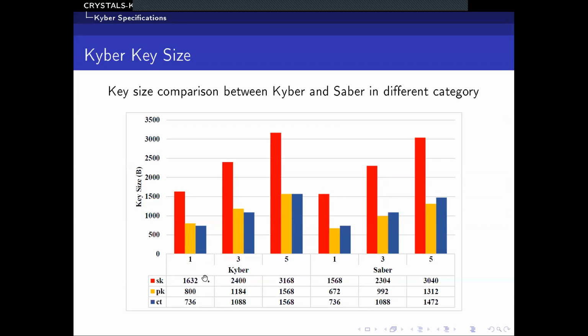And for the ciphertext, as I showed you in our first slides, the dimensions of U and V are N and K and N plus K, and she has two vectors of these elements, which provides 736 bytes of the ciphertext.